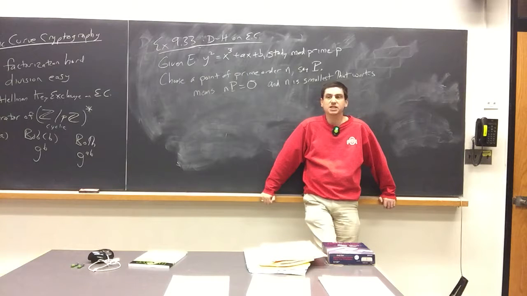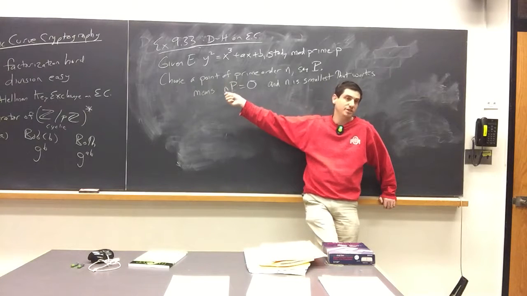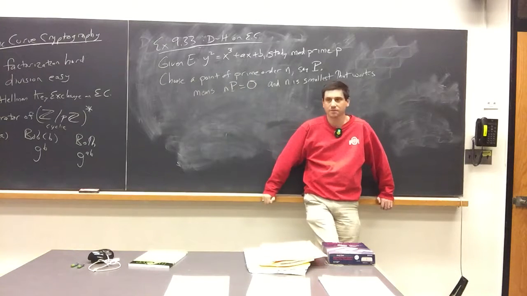Yeah, this is giving us a cyclic subgroup inside the group of solutions modulo p. What would you do next now? So nP just means you add P to itself n times, and you get the point at infinity.